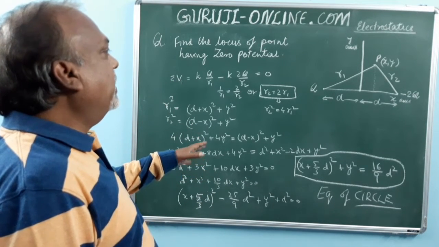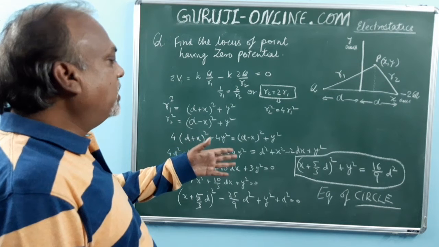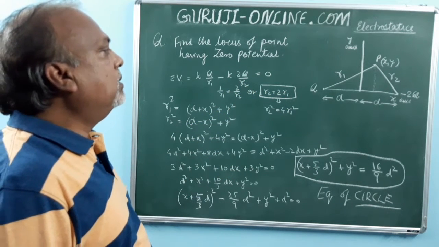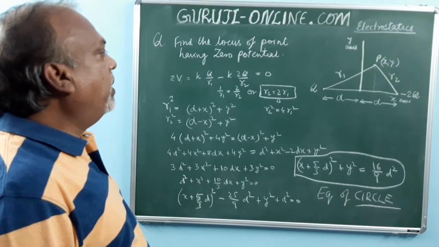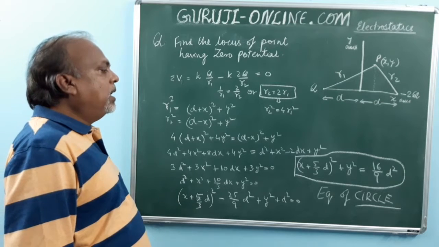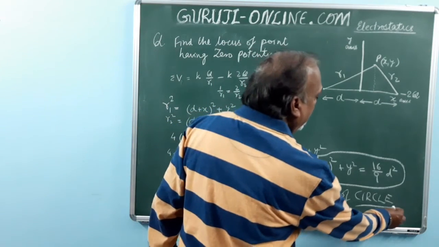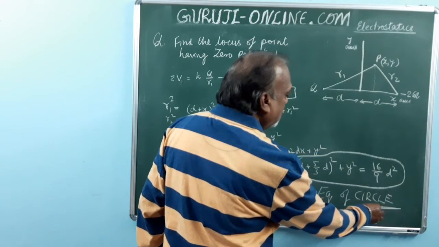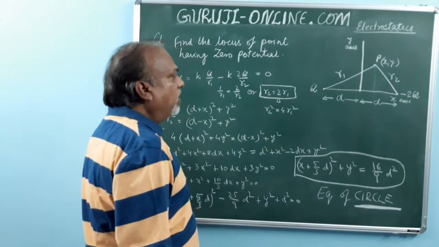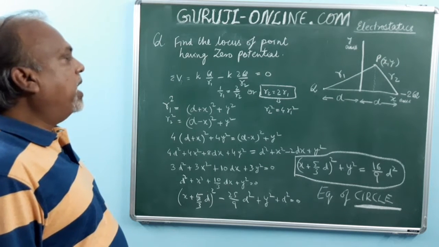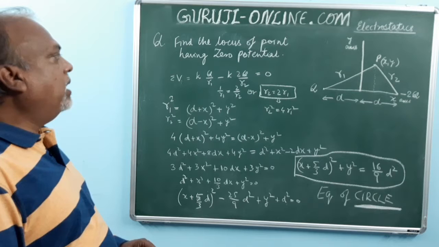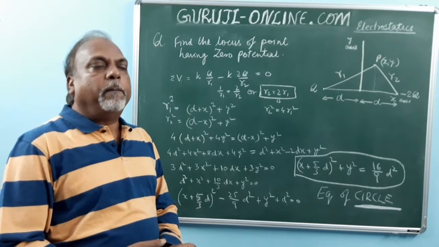So now you can see with this type of configuration, the locus of the point having zero potential will be a circle. So very good problem, simple mathematics, and you have to think also simply.